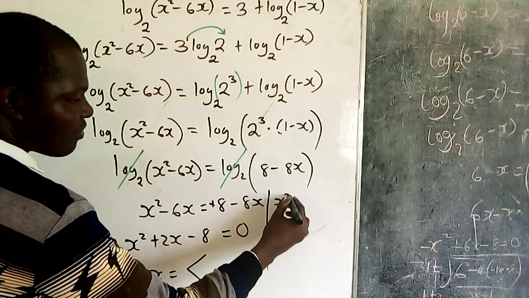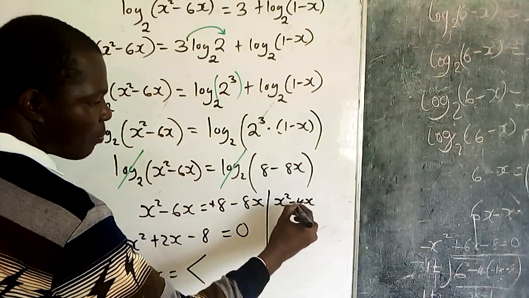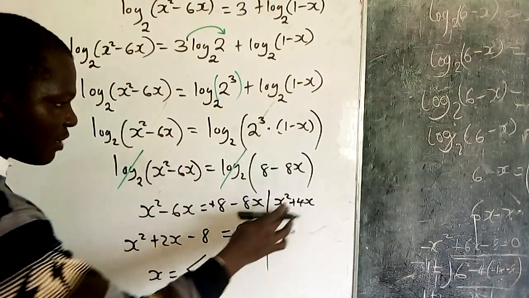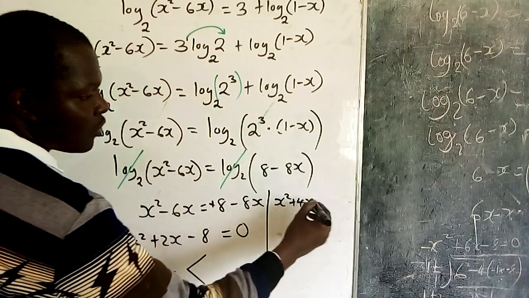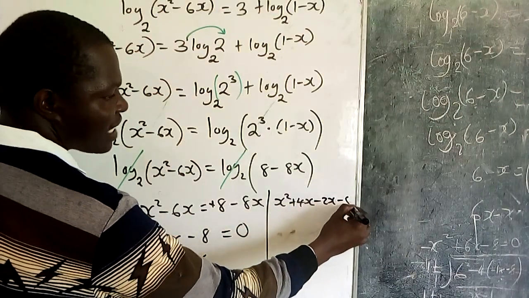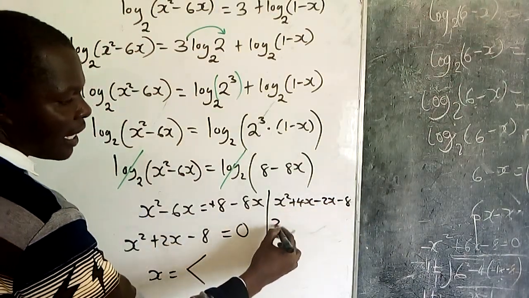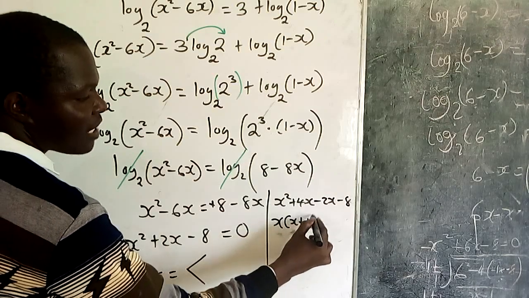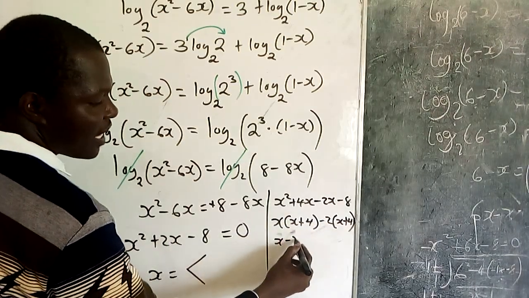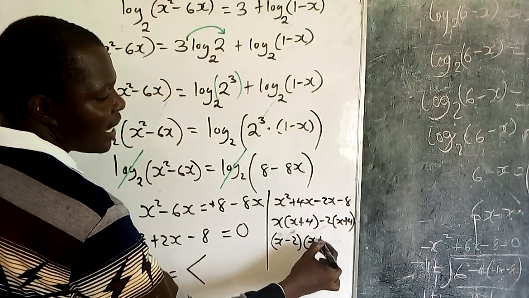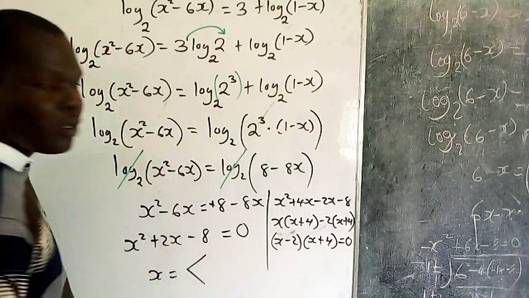Meaning you are going to have x squared, it is positive 4x and negative 2x, isn't it? Yes. So plus 4x minus 2x minus 8. So if you do that, you get x into x plus 4, then minus 2 into x plus 4. So it is x minus 2 and x plus 4 to be equal to 0.